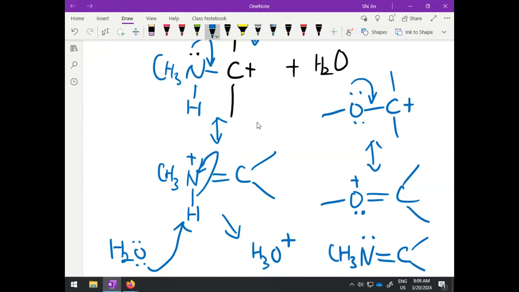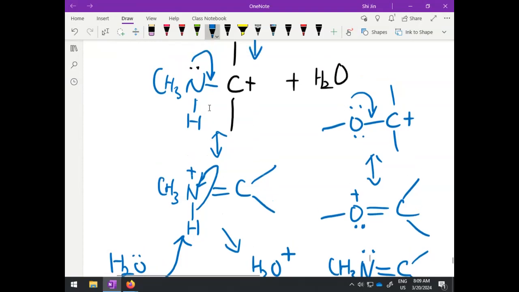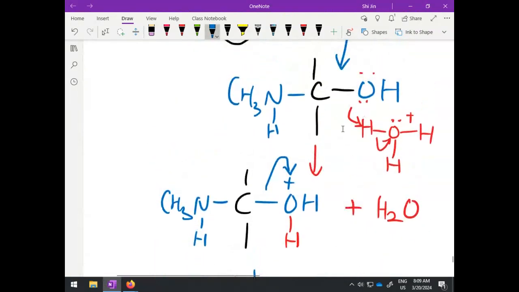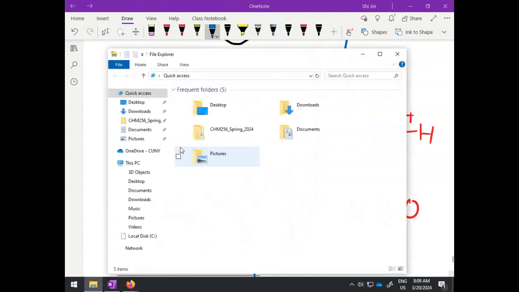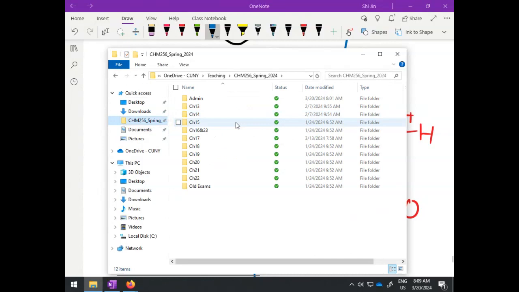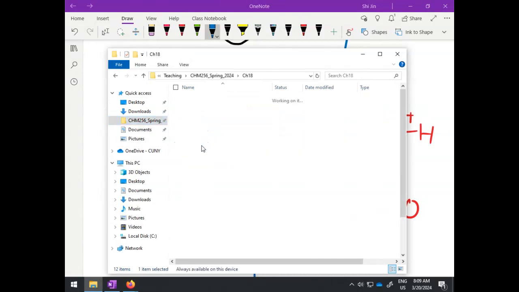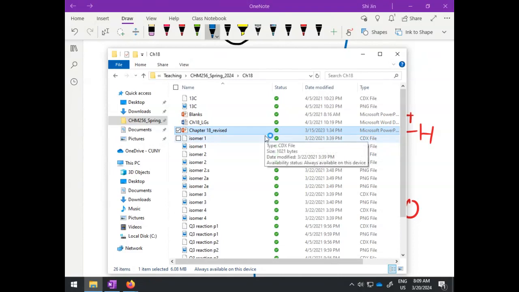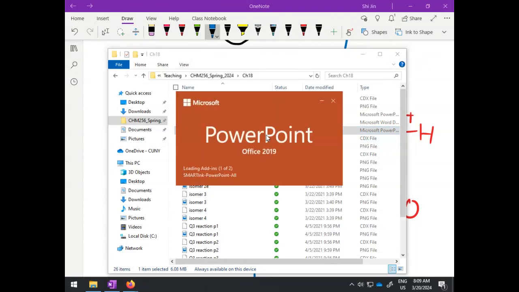And this E1 elimination involves the formation of a carbocation, and according to this mechanism, this carbocation formation is catalyzed by the hydronium ion. So for the second stage reaction, an acidic environment would help it go faster, because the second stage reaction is catalyzed by an acid.